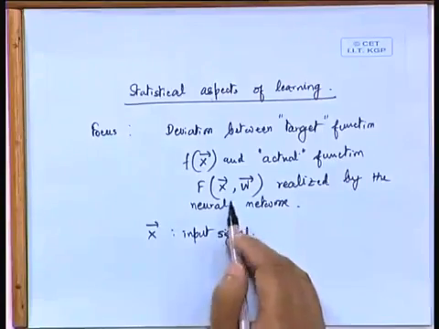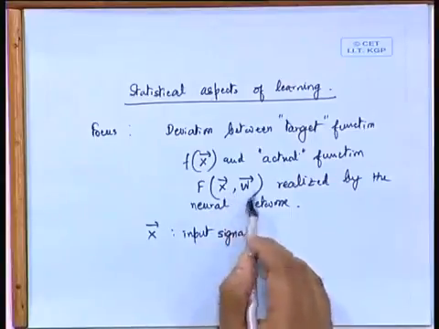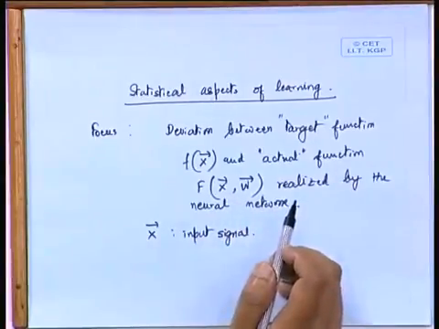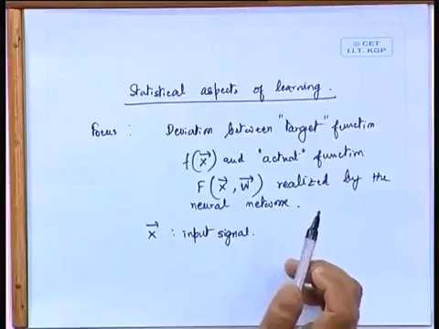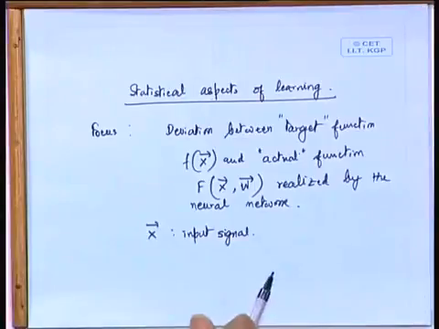In fact, the output could be a vector or a scalar, anything. Then that mapping function that the neural network is realizing will be a function of x vector as well as the w vector, the weight matrix, or weight vector, whatever way it is.